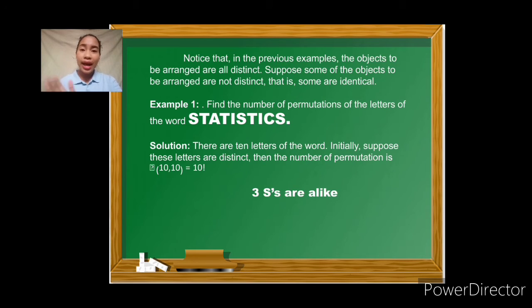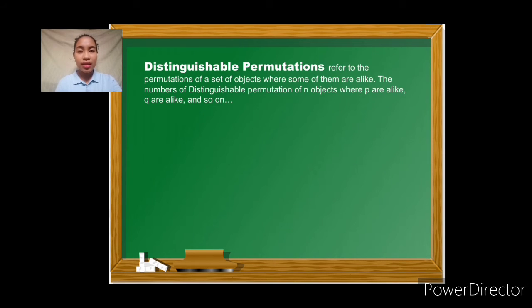However, we have to take into consideration that there are 3 S's that are alike, 3 T's that are alike, and 2 I's that are also alike. So this can lead to another rule. We call it distinguishable permutation. When we say distinguishable permutation, it refers to the permutation of a set of objects where some of them are alike.